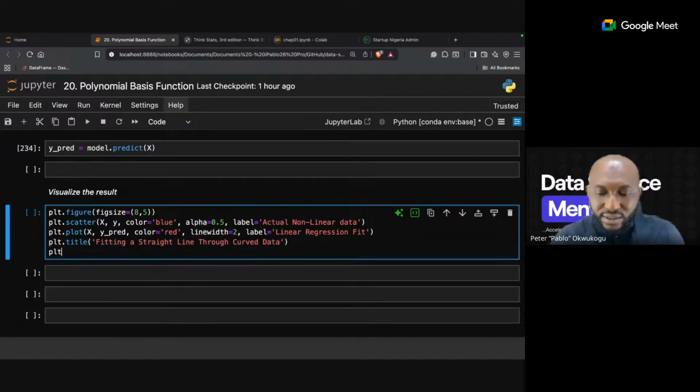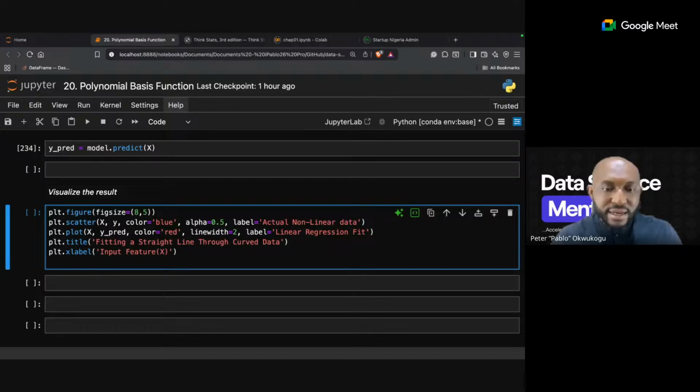Next, we say plt.xlabel, because when we're building our labels, we have the x and y axis. The x-axis is typically our features, and we always mention that, so this is the input feature, which is x. Then the y-axis is our target feature, so it's plt.ylabel, which is our target. Our target here is y.